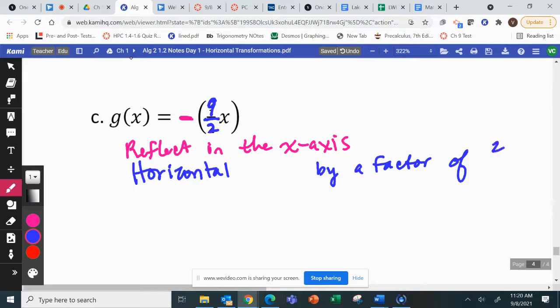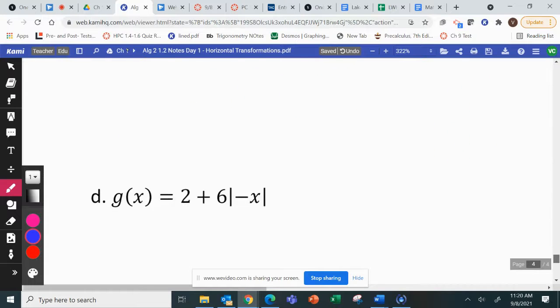Yes, 2/9. Use the reciprocal. So if we multiply something by 2/9, that's a shrink. Very good. Is there anything else here? No? Okay.